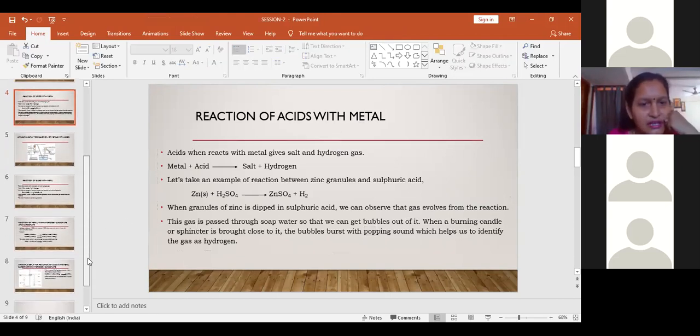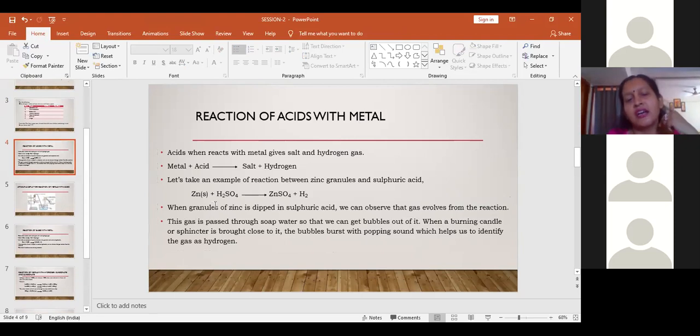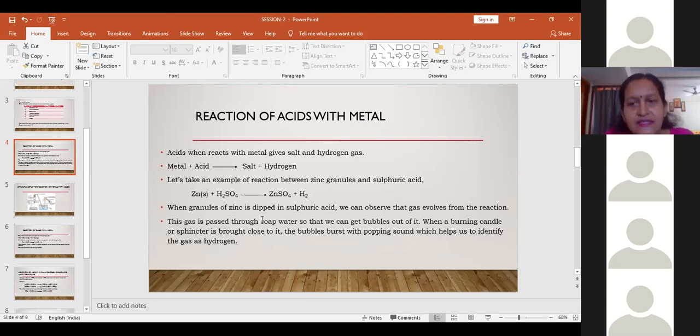Nida, what kind of reaction happens when zinc reacts with sulfuric acid? Displacement reaction. And which element is displacing which element? Sodium is displacing zinc. No, I said zinc with sulfuric acid.